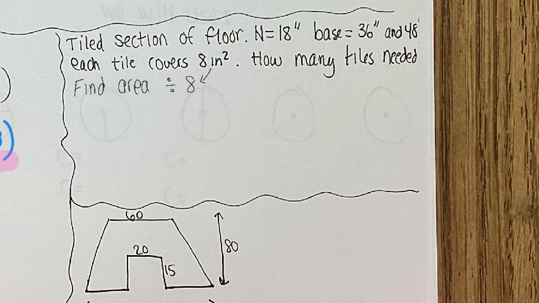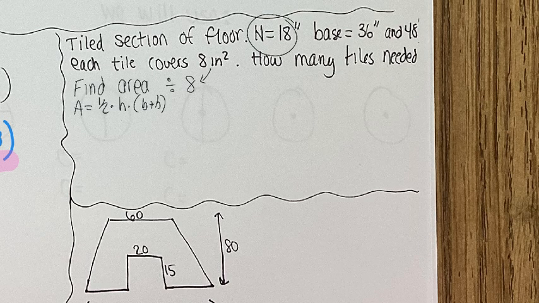Because if each tile covers 8, once I find the area, I could divide by 8, and that's how many tiles I would need. So in order to find the area, I'm going to take 1/2 times the height times the two bases added together.